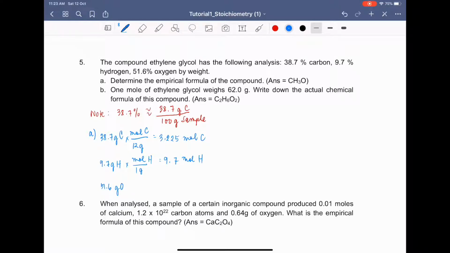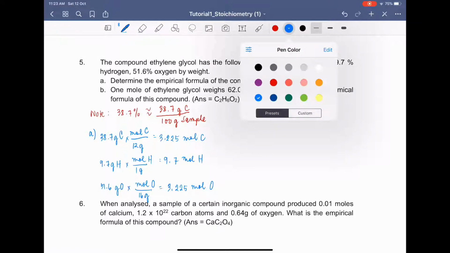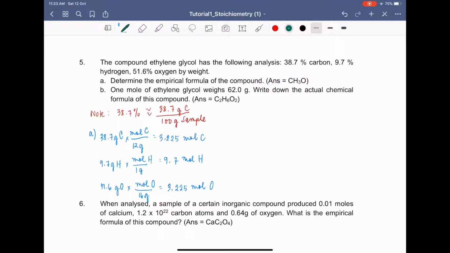Then next, let's calculate the mole of oxygen. 51.6 divided by 16 gram, so we have 3.225 mole of oxygen. And so down here, we just need to check which one is the lowest amount, lowest mole.